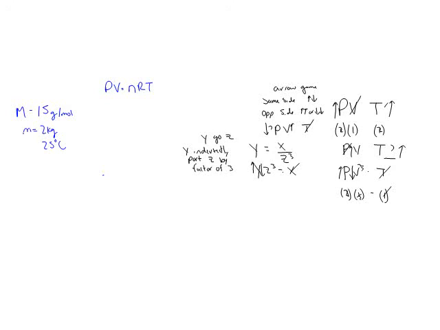And then we have 25 degrees Celsius. What's this? Good. What else does it give us? Atmospheric pressure. And atmospheric pressure is 1 atm. What's this? It's pressure.